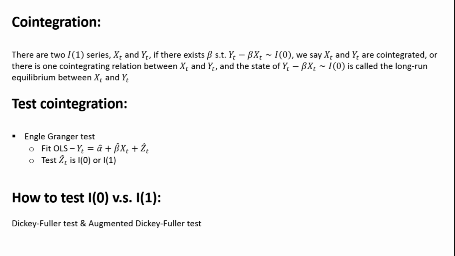Why do we run a cointegration test? The method of Engle and Granger is as follows: we fit yt as a linear function of xt with ordinary least squares, and we test whether or not the residual of this linear regression is stationary or integrated of order one.